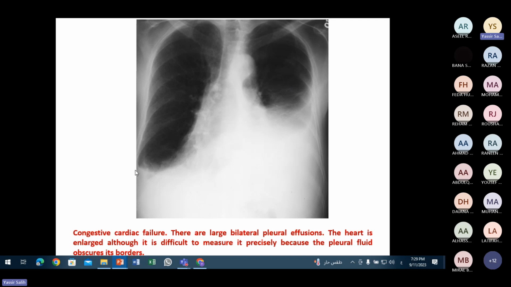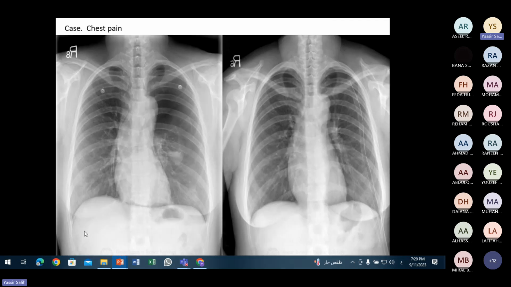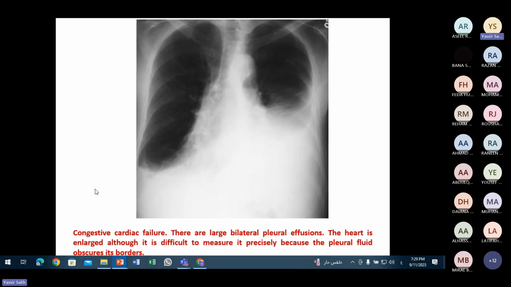What sign is seen on the other side of the pleural effusion? Blunting of the costophrenic angle. The right costophrenic angle is blunted or obliterated. Normally it should be an acute angle like this, but it is blunted or obliterated. This is a small amount compared to this one. We can say this is moderate and this is mild pleural effusion, obscuring or blunting the right costophrenic angle.